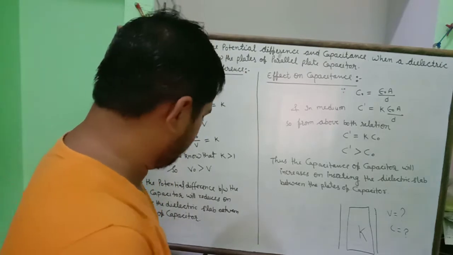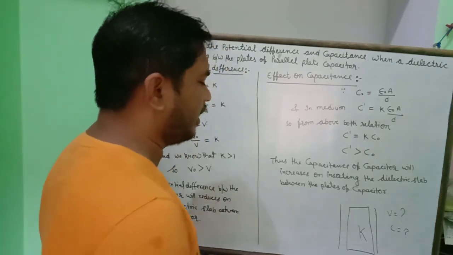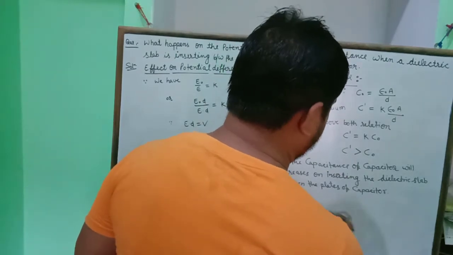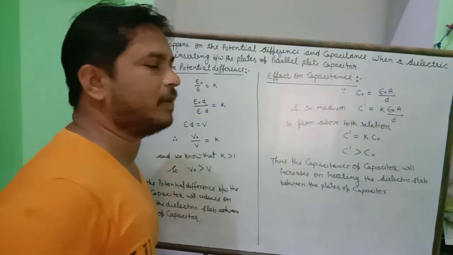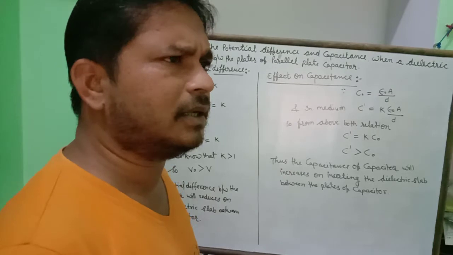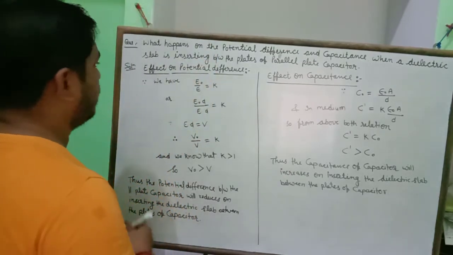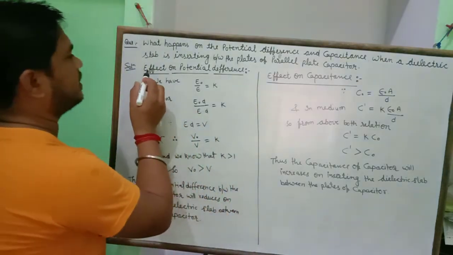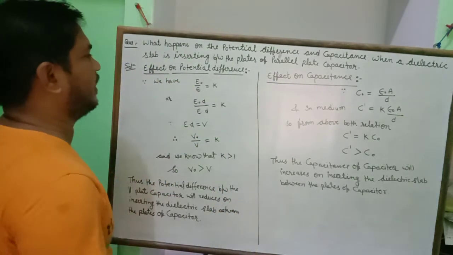Let us see how we can describe the potential difference and capacitance of the parallel plate capacitor on inserting the dielectric slab. First, the effect on potential difference.